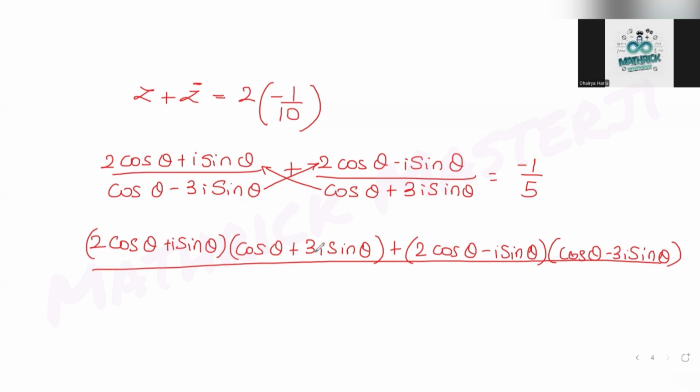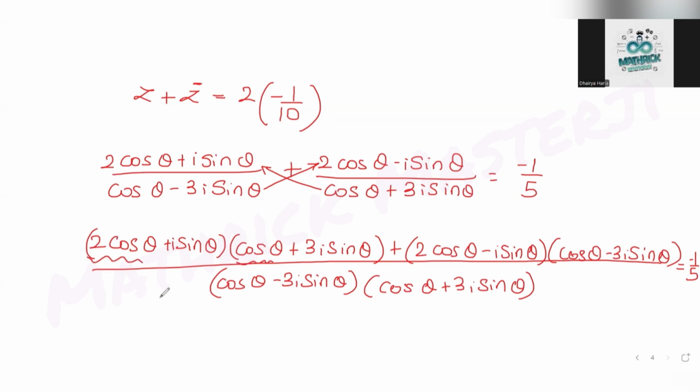Dividing the whole thing by (cos theta minus 3i sin theta) and (cos theta plus 3i sin theta), I'm just multiplying the two in the denominator because I now have a common denominator. It is equal to negative 1 over 5 as it is. Let's simplify this. Simplifying the two brackets, I get 2 cos square theta.